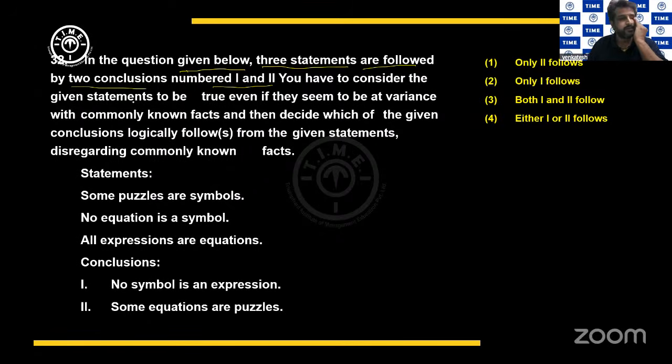You have to consider the statements to be true, even if they seem to be at variance with the commonly known facts, and then decide which of the conclusions logically follows from the statements, disregarding the commonly known facts. Okay. So all the times for the given statements, we have to draw the basic diagram, BD. So let's draw the basic diagram.